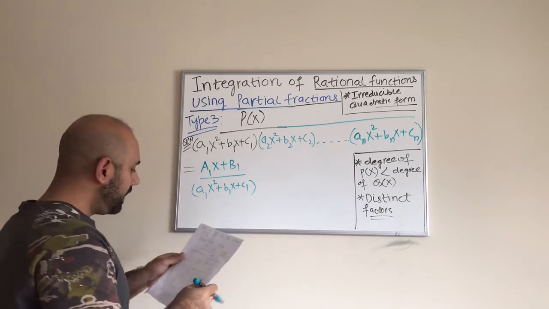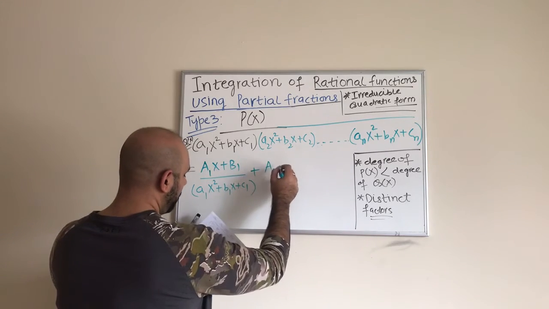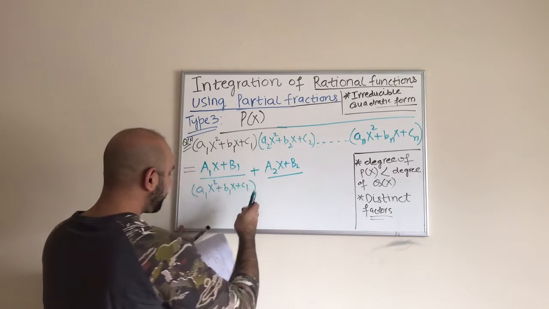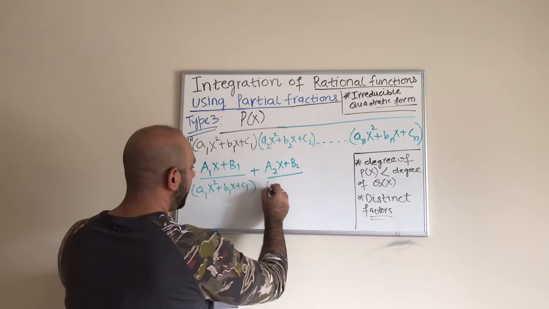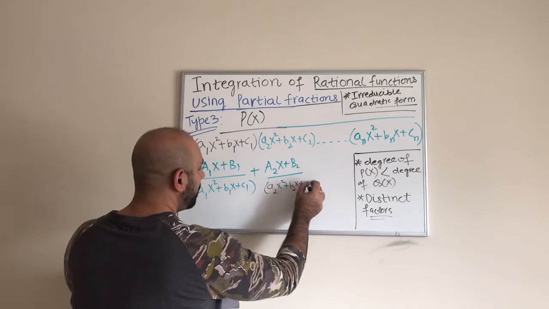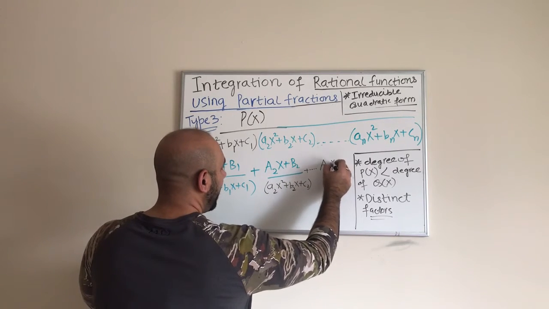That is the first piece, and then plus the second piece, which will be a2 x plus b2 divided by the second one here, a2 x squared plus b2 x plus c2, and then it will keep on going, and the last one would be an x plus bn.